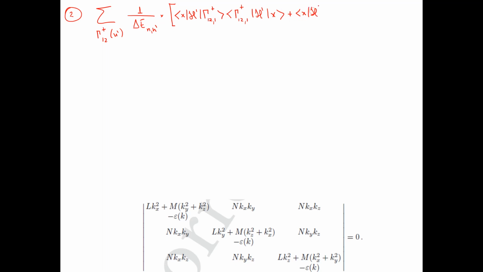And there is a corresponding term from the second partner. Okay.